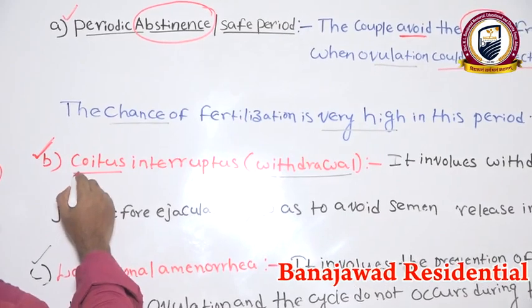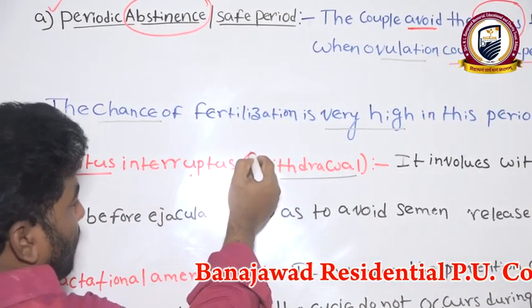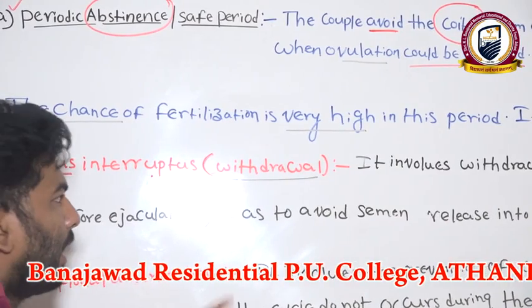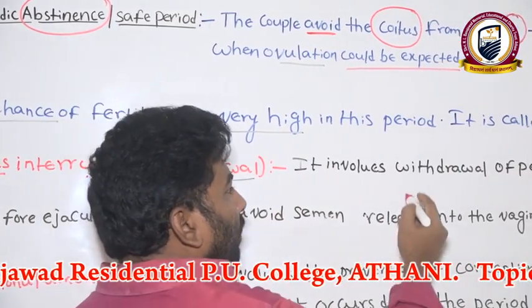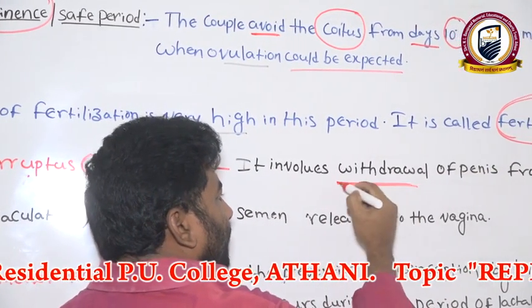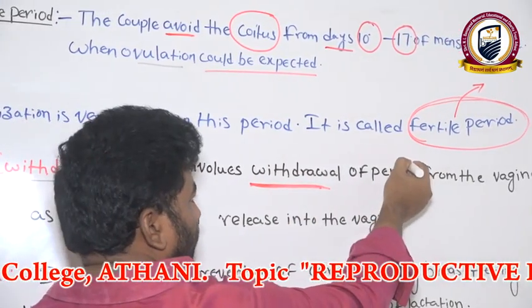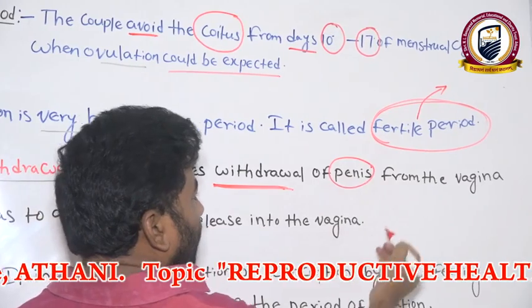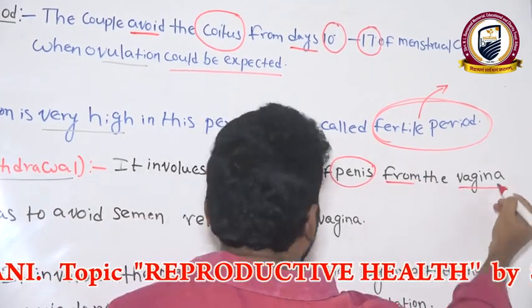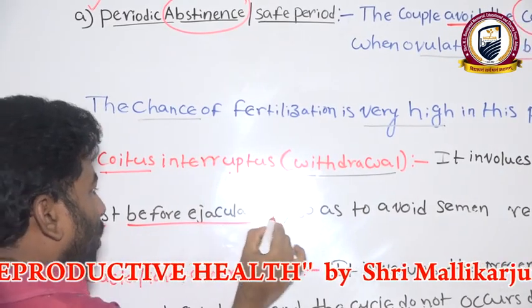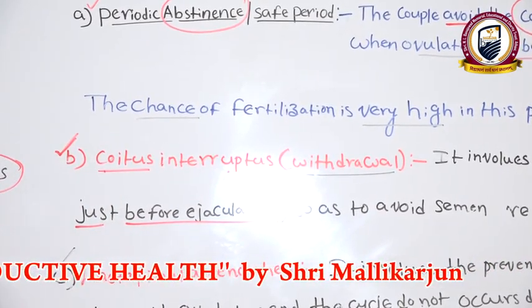We can also call it the withdrawal method. This method involves withdrawal of the penis from the vagina just before ejaculation.